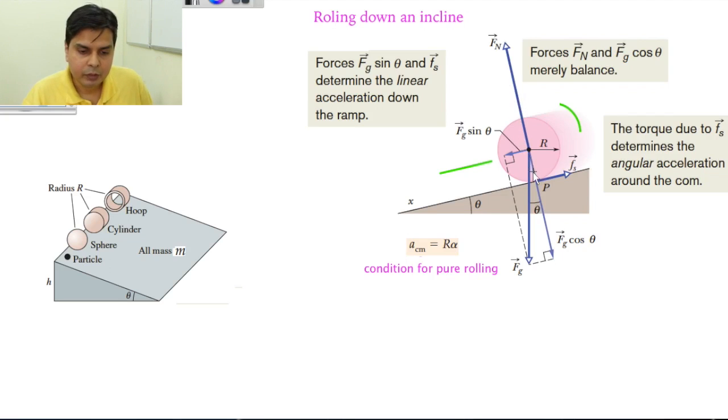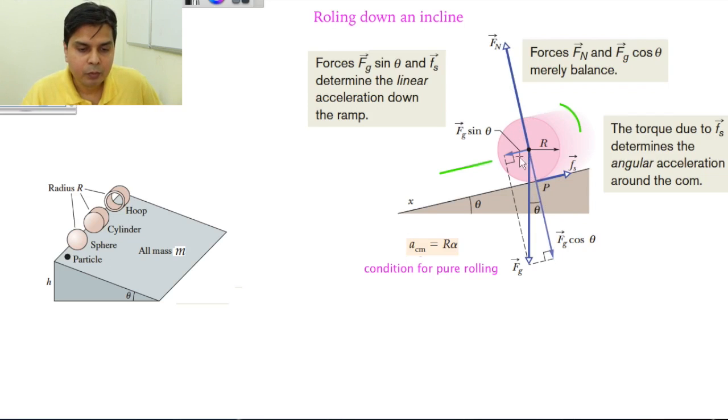Now, since there is no motion in the direction perpendicular to the incline, Fn and the component of weight, Fg cos theta, balance each other. There is some motion in the other direction and there is some torque also. As we had seen earlier, we should always calculate torque about the center of mass. About the center of mass, Fn and Fg have no torque, because they pass through the center of mass.